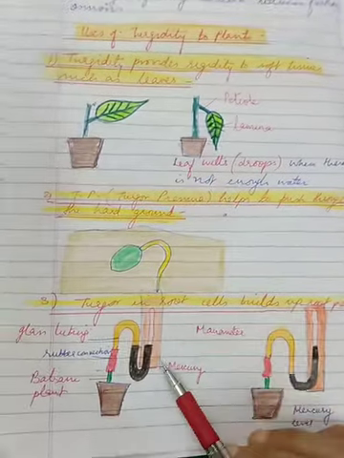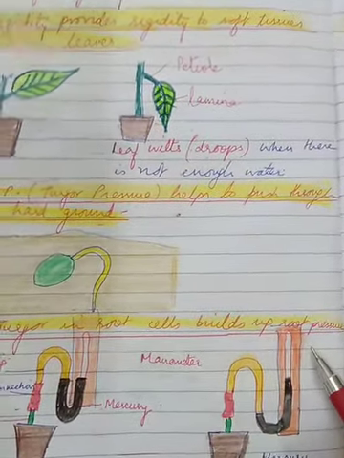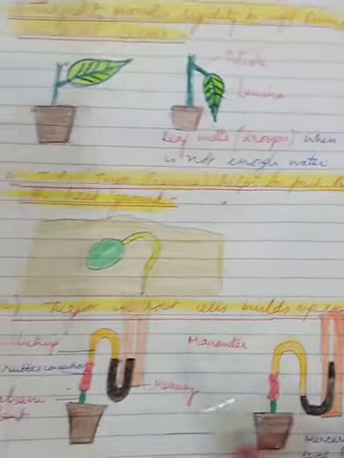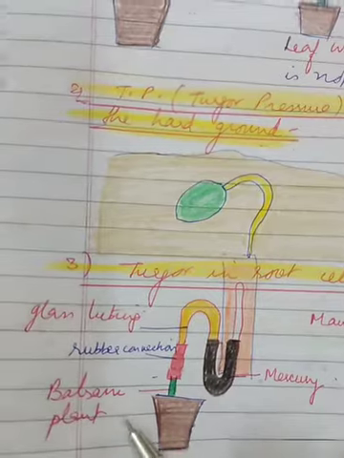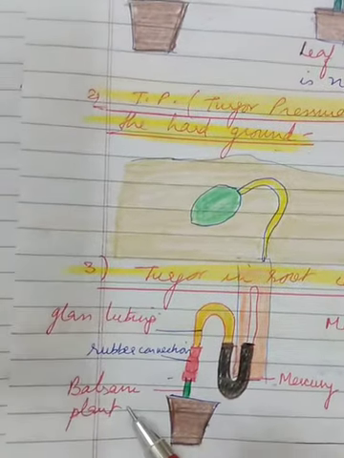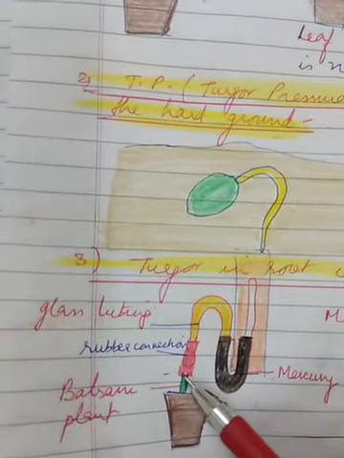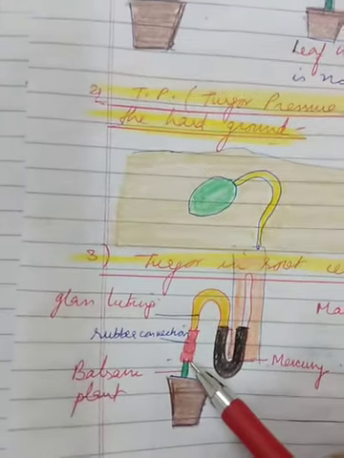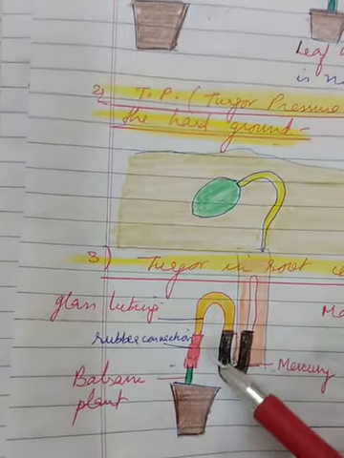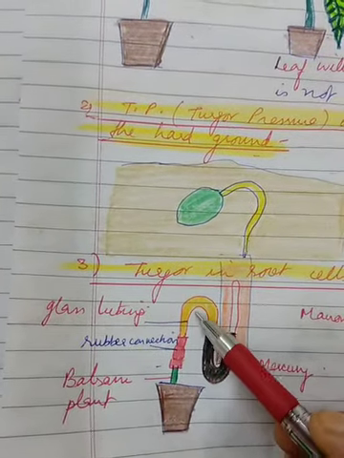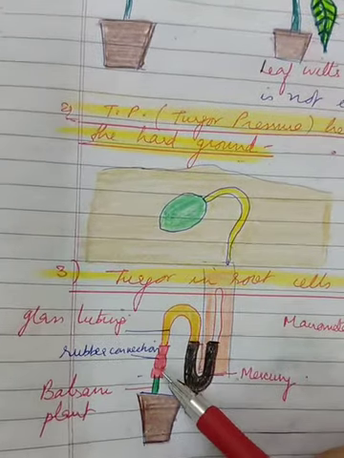Coming to the third use, turgor in the root cells builds up root pressure. Now look at this simple diagram. This is a well-watered potted plant of balsam, right? In this balsam plant, we have cut the stem a few centimeters above the soil, and immediately we have fixed a glass tubing by means of a rubber connection.